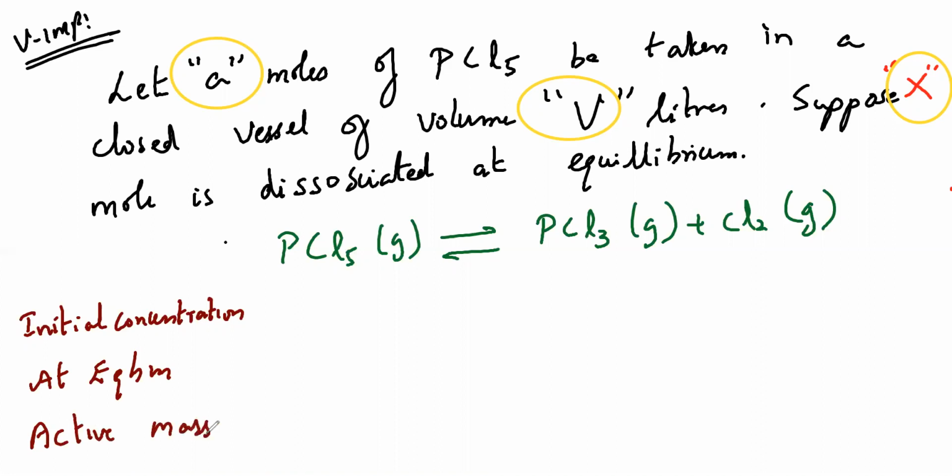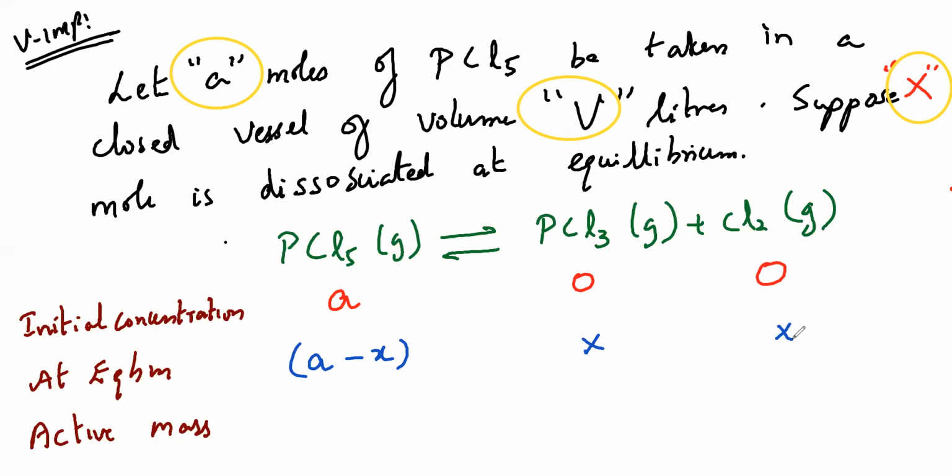Initial concentration: write down here A, here 0 and 0. At equilibrium, write down A minus X, X, X, because you should subtract. Correct? X moles is dissociated. That's the reason.